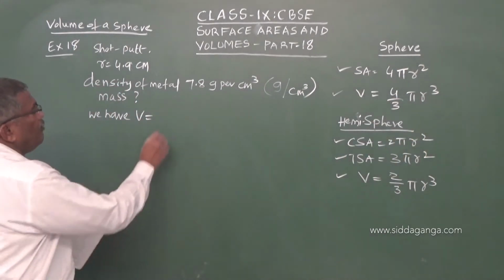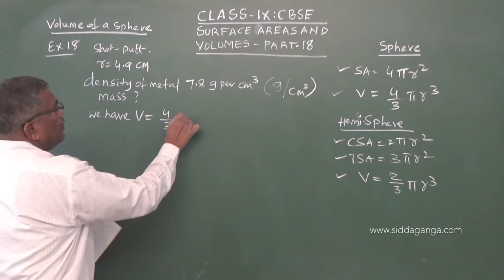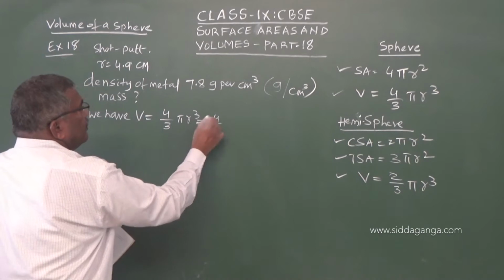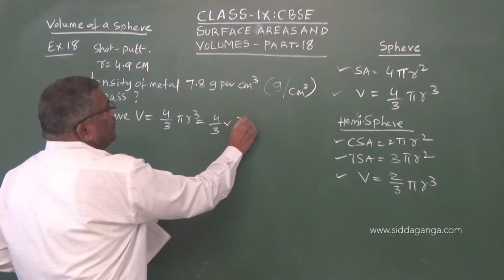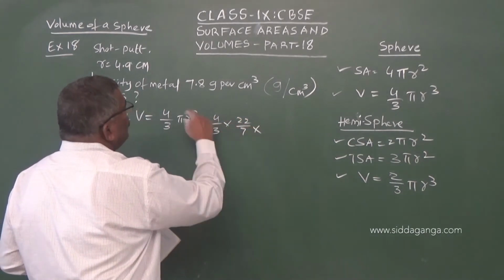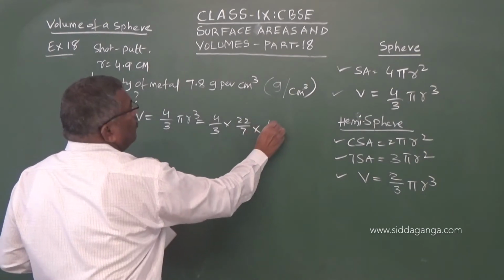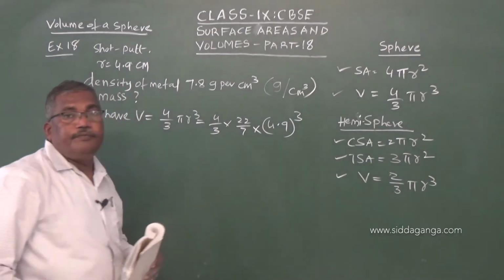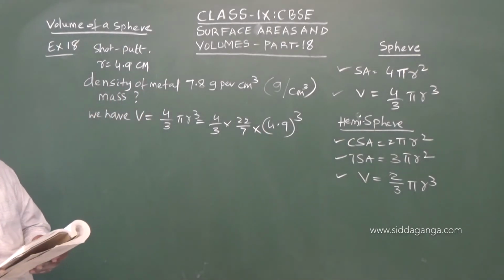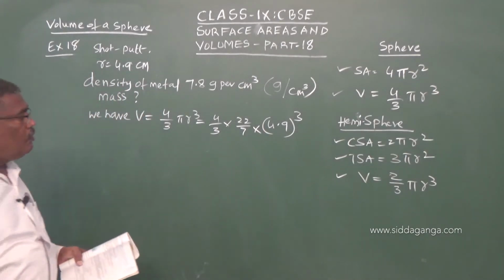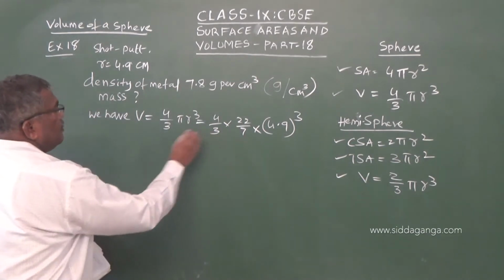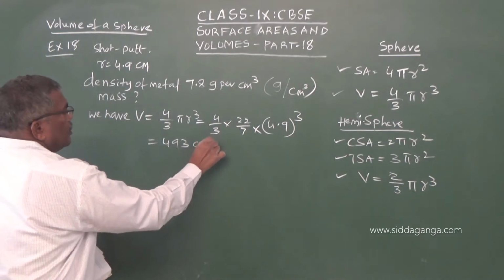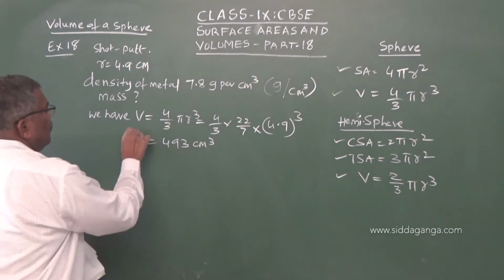So apply that formula: 4 by 3 into 22 by 7 into r, which is 4.9 whole cube. You simplify this, you will get 493 centimeter cube. This is the volume.